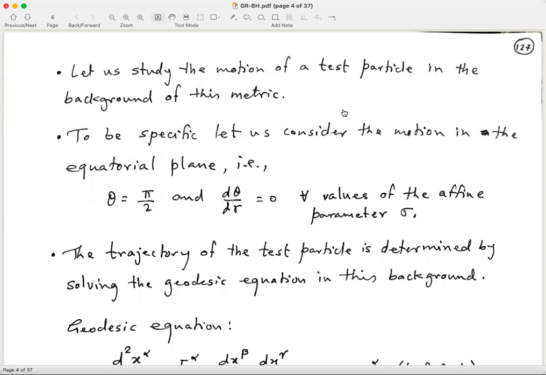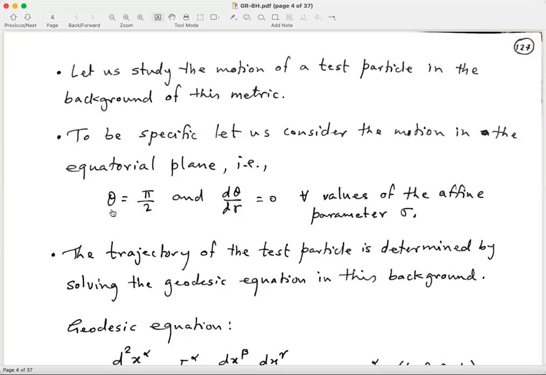So therefore we chose to study the motion of a test particle in the equatorial plane. And given that you have spherical symmetry, you can convert any plane into an equatorial plane, so it doesn't really matter as long as the original point mass is in the plane.